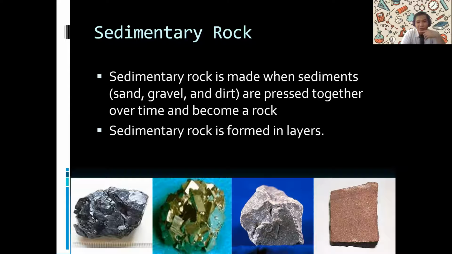And they are formed in layers, which means that when you go to the bottom of the ocean or a river and you try and get the rocks there, you will find that it's like a cake. There's the first layer, it has a different rock. The second layer has another rock. The third layer can still be a different rock.